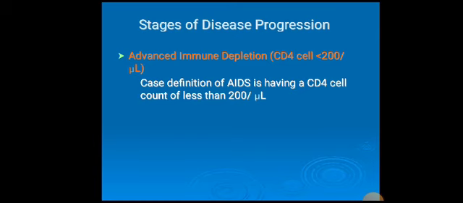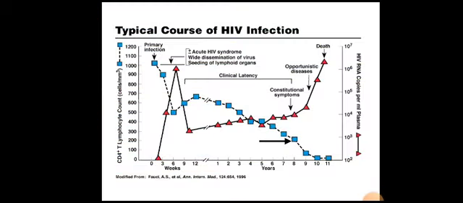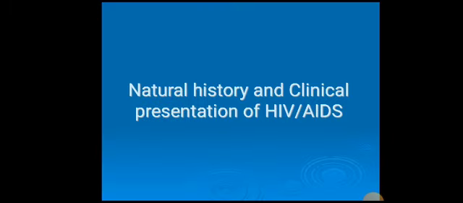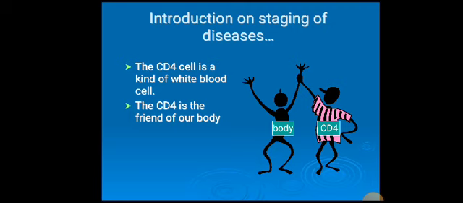Advanced immune depletion usually occurs when the CD4 becomes less than 200, and at this stage the patient will start to have AIDS. As I said, the CD4 is the master of the immune system, the cell which regulates the immune system.